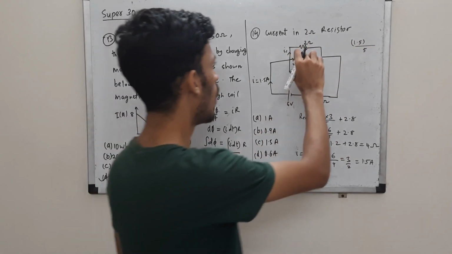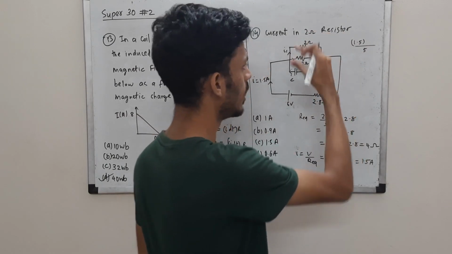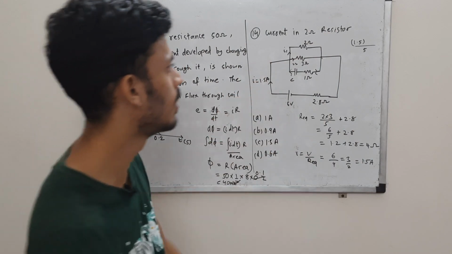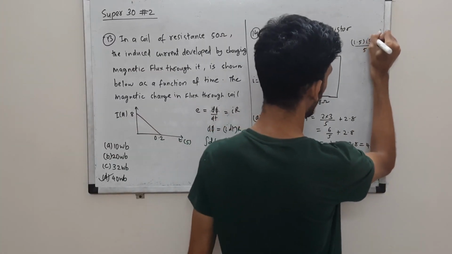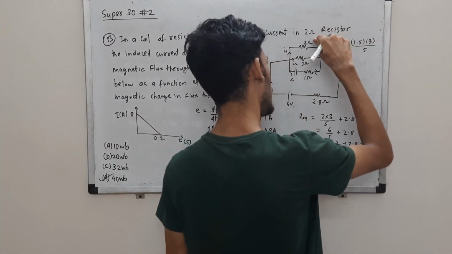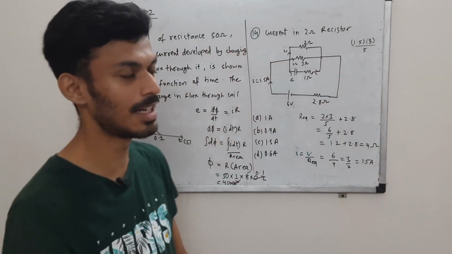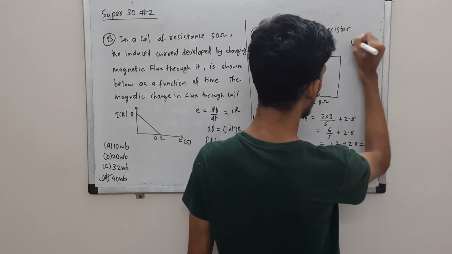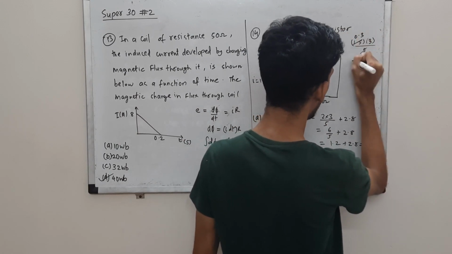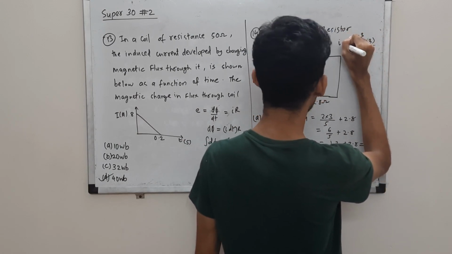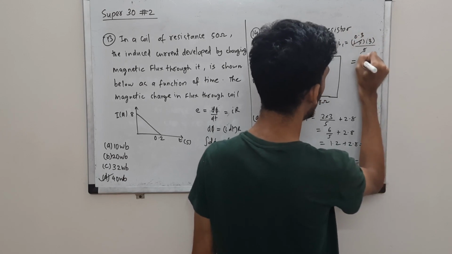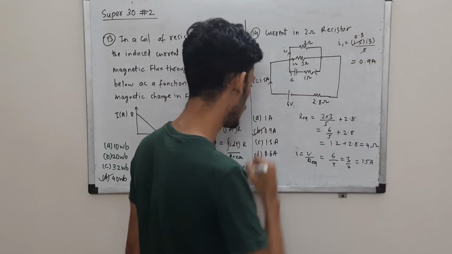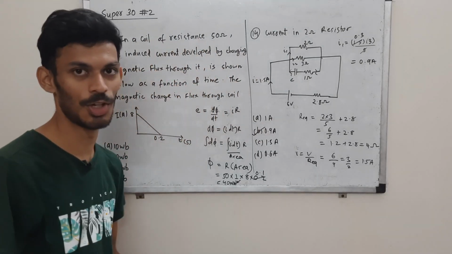Now if you want to find the current in the 2 ohm branch, it will be inversely proportional to its resistance, so you multiply by the other resistance, which is 3. This is also the current divider rule. So 1.5 by 5 is 0.3, and this is I1, so 0.3 into 3 is 0.9 amperes. So option B, 0.9 amperes, is the correct choice.